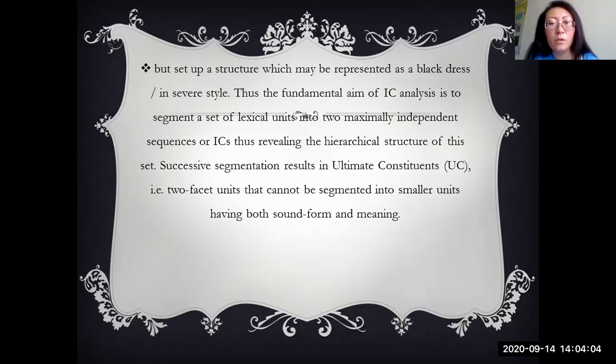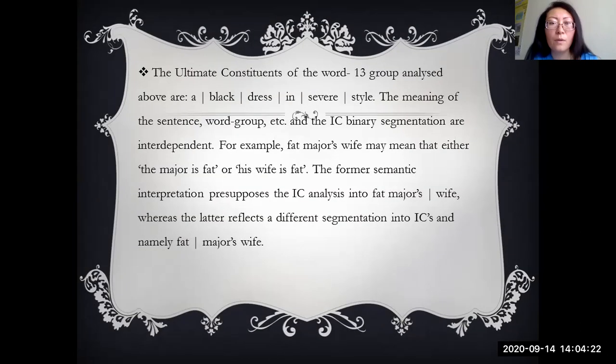Successive segmentation results in ultimate constituents, UC, i.e. two-facet units that cannot be segmented into smaller units having both sound form and meaning. The ultimate constituents of the word group analyzed above are a, black, dress, in, severe, style.